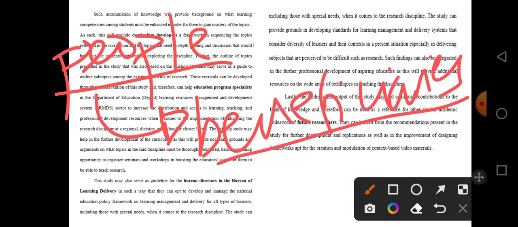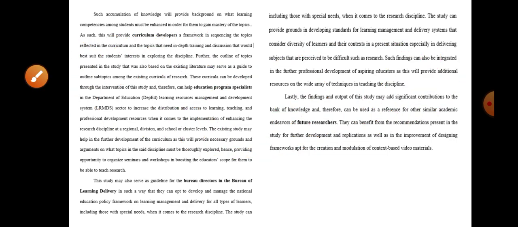Therefore, class, in contrary to our first format, which is the contribution-centered beneficence, this format highlights the beneficiaries more than the benefits. And this kind of organizational pattern, where the beneficiaries are highlighted more than the benefits, is known as beneficiary-centered beneficence.